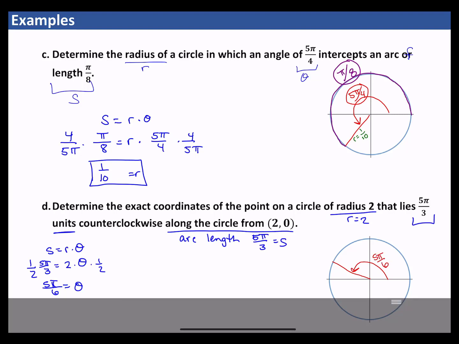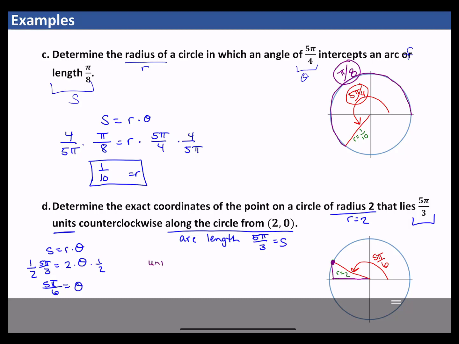The radius was 2. So remember, this point on the circle is going to be 2 times bigger. So the x-coordinate will be 2 times bigger, and the y-coordinate will be 2 times bigger than whatever the coordinate is on the unit circle.